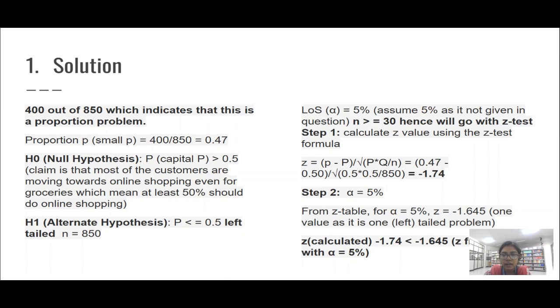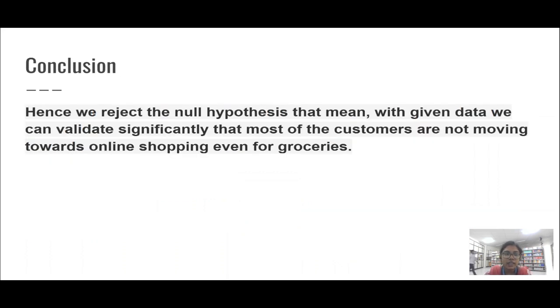It is left tail, right? So the calculated value is lesser than the value we obtained from the table. From this, we conclude we are rejecting the null hypothesis H naught, and accepting H1, the alternative hypothesis. This means we can say significantly that most of the customers are not moving towards online shopping even for groceries.